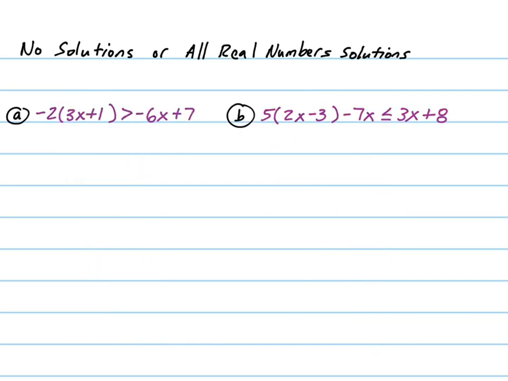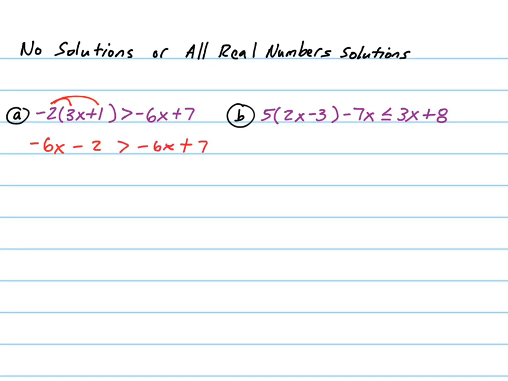All right, more of the same, except this time it says no solutions or all real number solutions. We're going to start solving these, and we're going to see something special take place. In this case, we've got negative 2 times the quantity 3x plus 1 is greater than negative 6x plus 7. So we'll distribute. We've got negative 6x minus 2 greater than negative 6x plus 7.